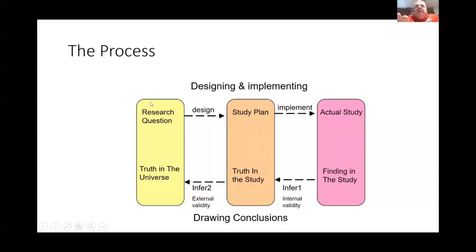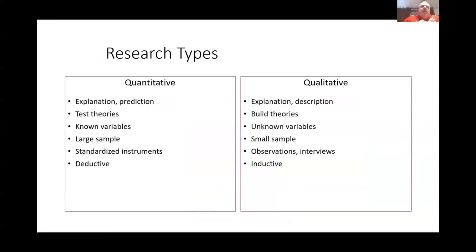So drawing conclusions from my study is very important, and it follows the path from research question to publication, involving internal validity and external validity of my findings. I have two types of research: quantitative research and qualitative research. Quantitative research is research that is based on data, on numbers, on measurements.